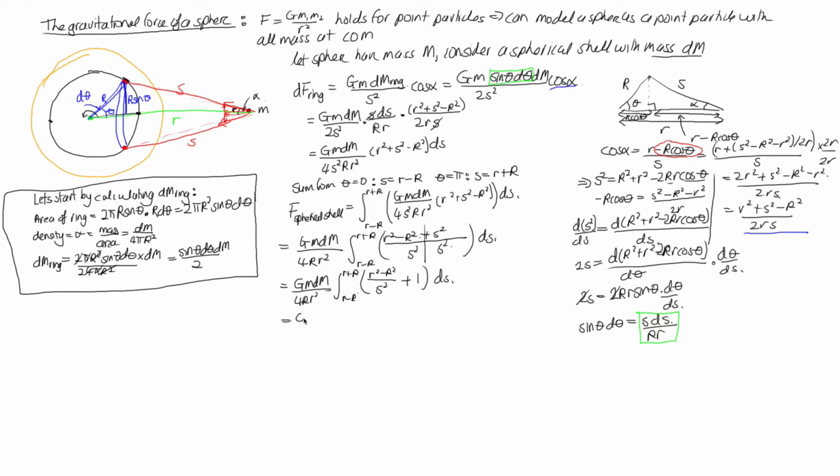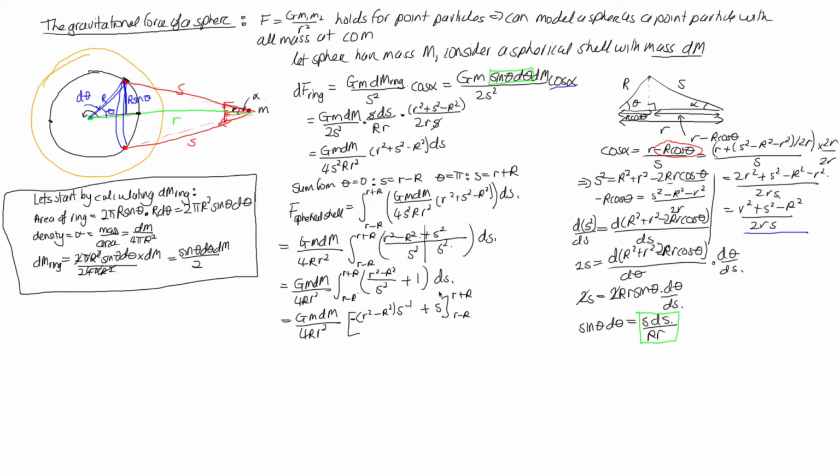Now this is (r squared minus R squared) times s to the minus 2. When we integrate that, we end up with (r squared minus R squared) times s to the minus 1, and then we have a negative sign out the front. And when we integrate 1, we get plus s, and that's from R minus r to R plus r.